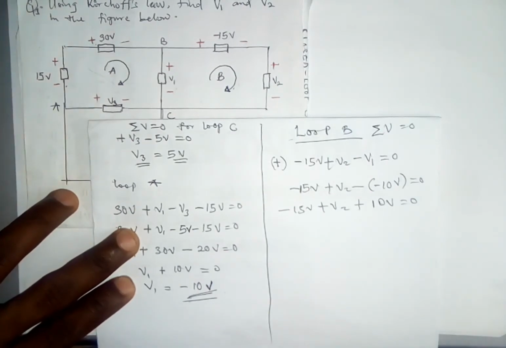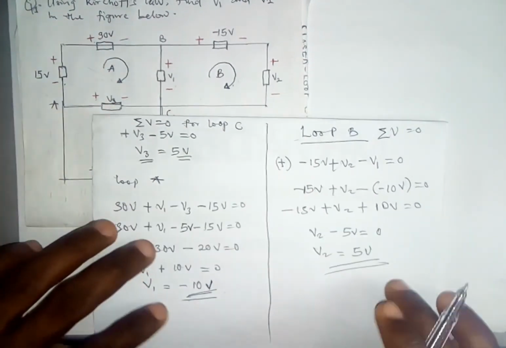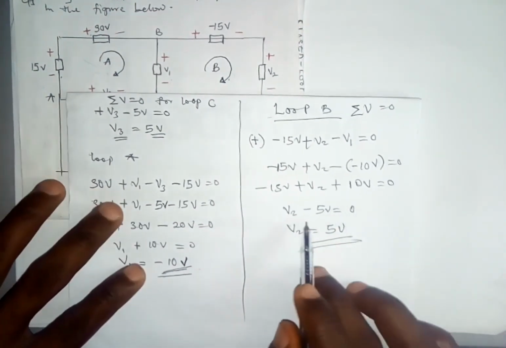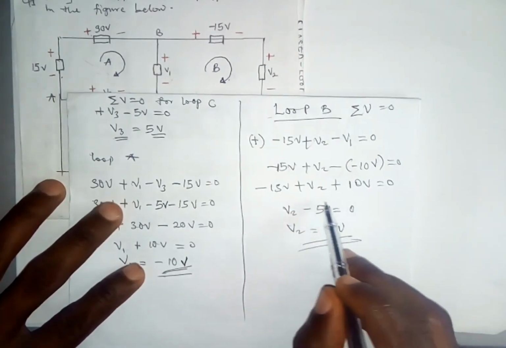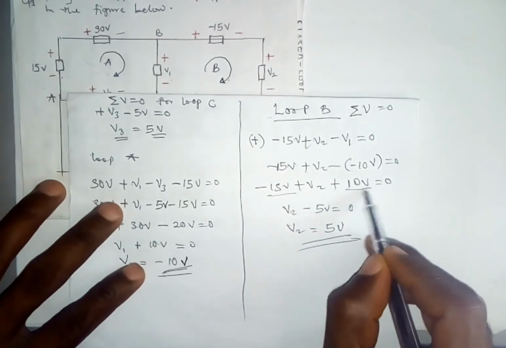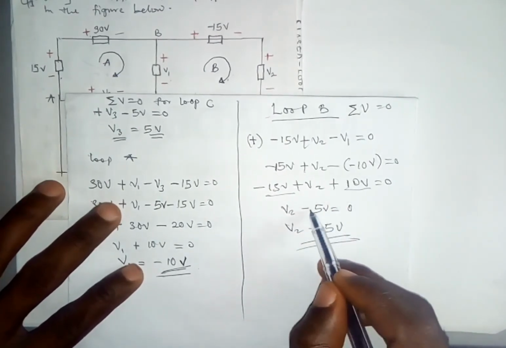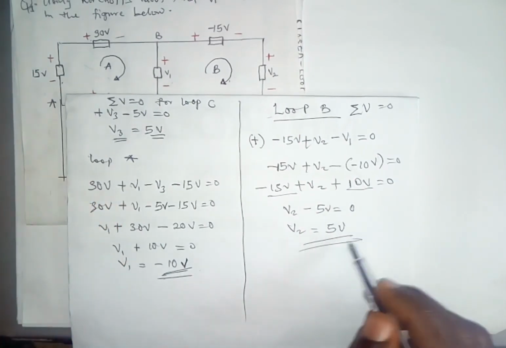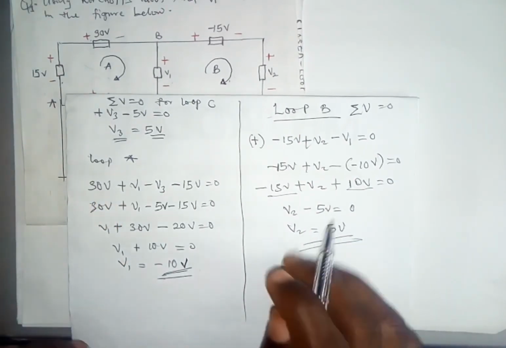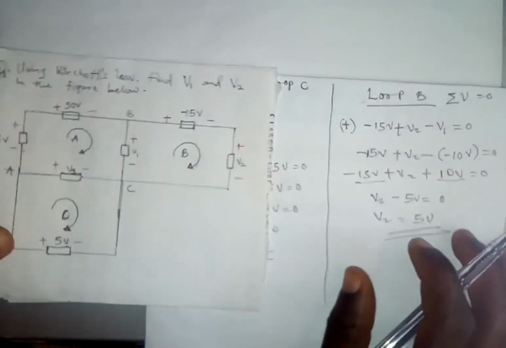So by the time, we're going to have our V2 to be 5 volts. So that is after we have subtracted this from this, and we are having minus 5 volts. So that is the final answer in this case. So we have done justice to this particular question.